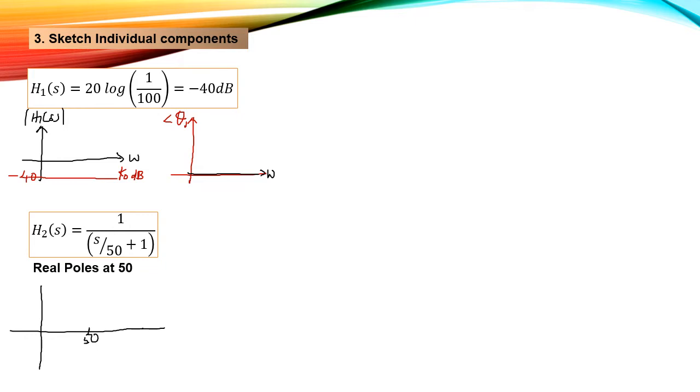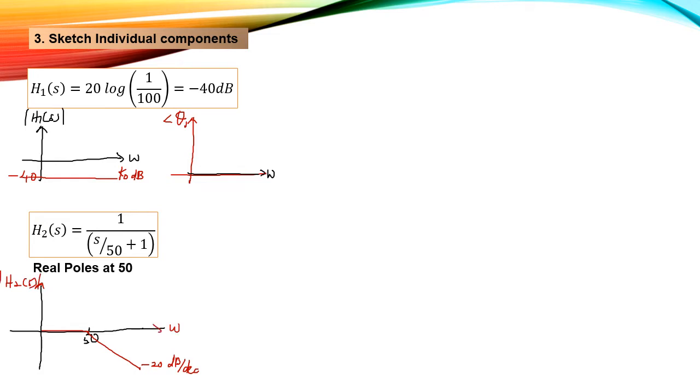So you have 0 until 50, and then you have negative 20 dB per decade slope. So this is your H2 as magnitude across omega values.